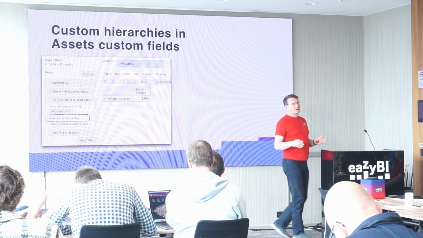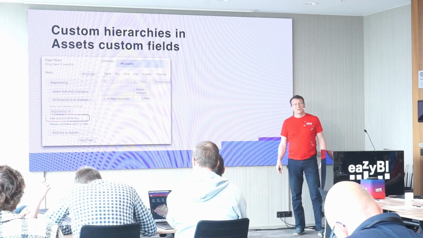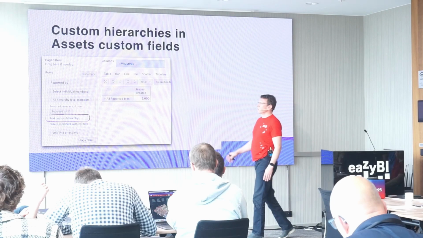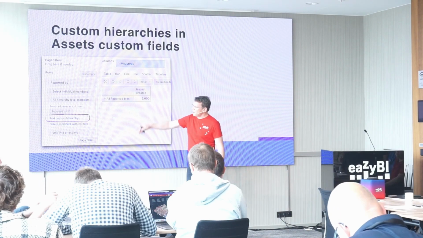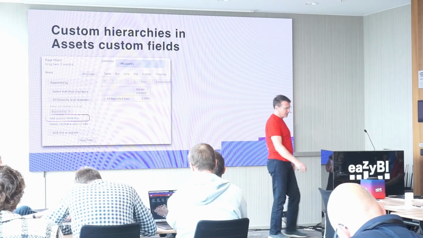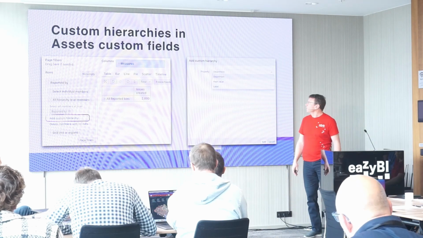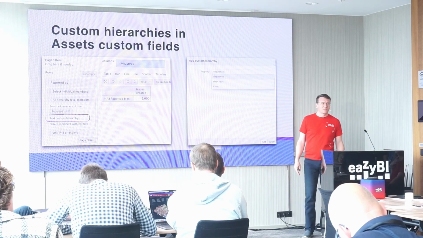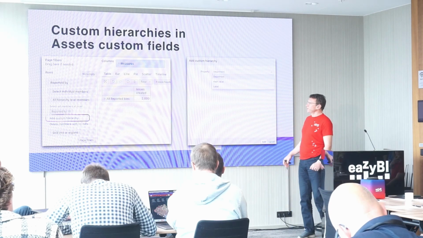There are not too many dimensions that allow that feature yet, but asset custom fields is one, and it is highly useful because eazyBI detects automatically what those properties are from which you can create a hierarchy in this dimension.